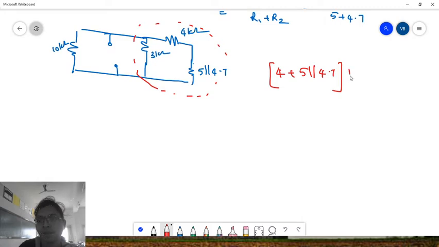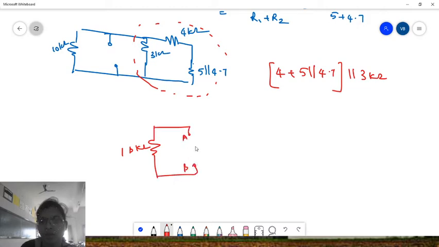So that I can draw: this is 10 kilo ohms, and here we are going to take A and B terminals, and here the total will be reduced to a single value, that is 4 plus 5 parallel to 4.7, and then that is parallel to 3 kilo ohm.